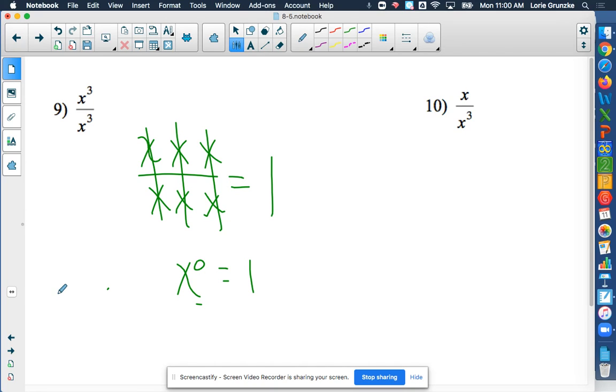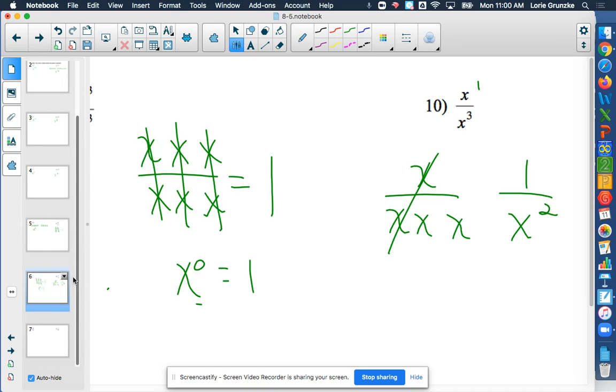They all cancel. X divided by X is a 1. Okay? Invisible 1 up here. 1 take away 3 is a negative 2. Well, that'll be kind of confusing for you, so let's not make it confusing. X, X, X. Cancel. 1 on the top, 2 X's on the bottom.